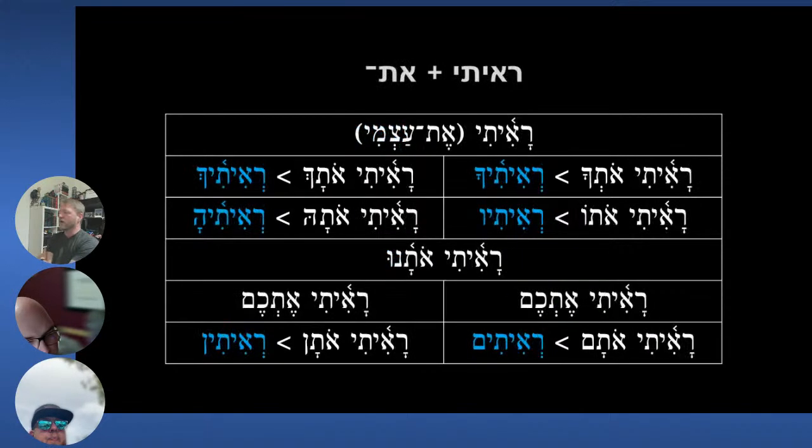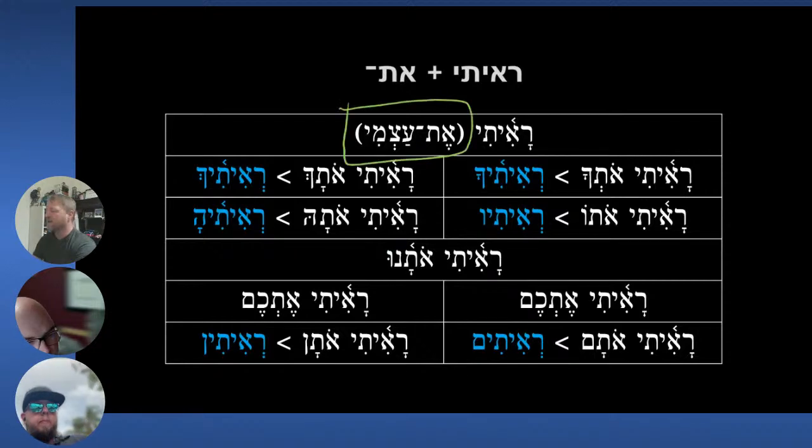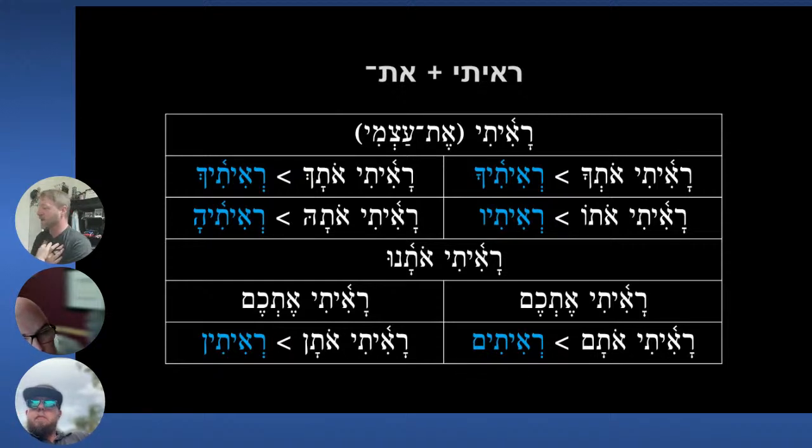Not going to happen. Okay, ra'iti. In modern Hebrew, we say ra'iti et atzmi, which means I saw myself. I saw myself in the mirror. Ra'iti et atzmi b'mar'ah. Still, you wouldn't say ra'iti oti. It's weird to say I saw me. You say I saw myself.